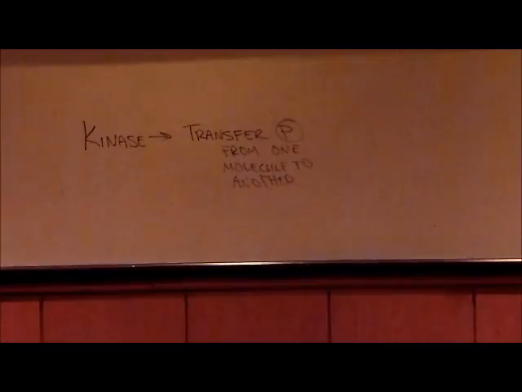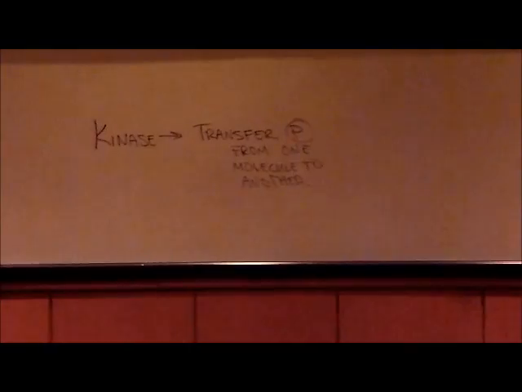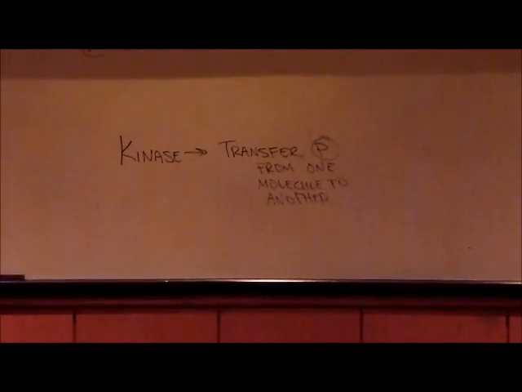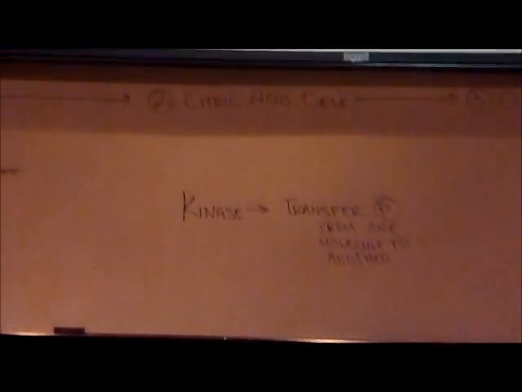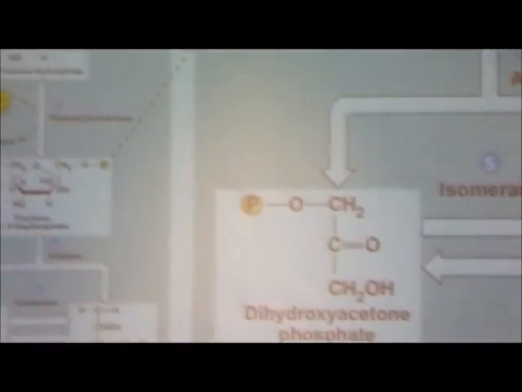We've got this particular kinase called hexokinase. Why do you think it's called hexokinase? There's 6 of them. It's a 6-carbon sugar, right? Okay? So it's a 6-carbon sugar. It's an enzyme that transfers a phosphate to a 6-carbon sugar. So hexokinase results in a phosphorylation of glucose to where now we have glucose 6-phosphate.